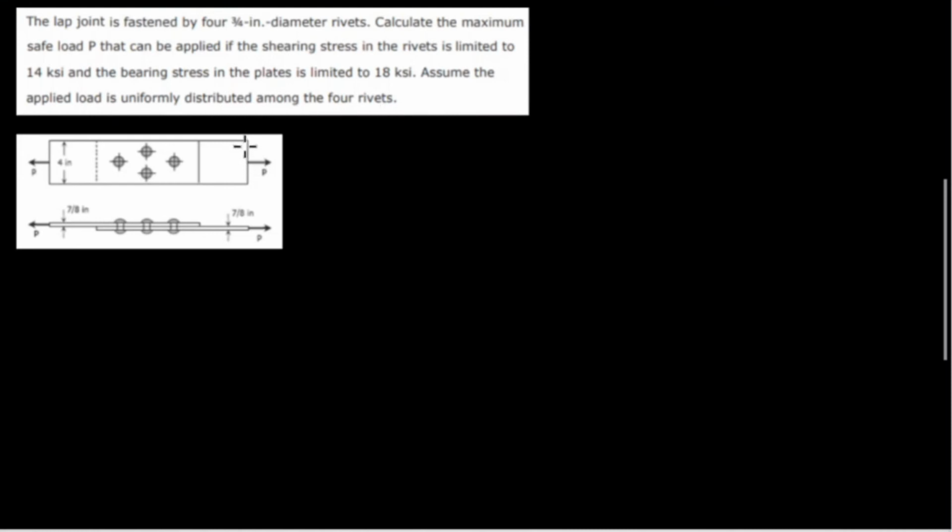So we have here the overlapping of plates, and we have 4 rivets, and the thickness of the plate is 7/8 inch, and the diameter of the rivets is 3/4 inch, with the width of the plate, which is 4 inches. We have the diameter of the bolt, which is 3/4 inch.